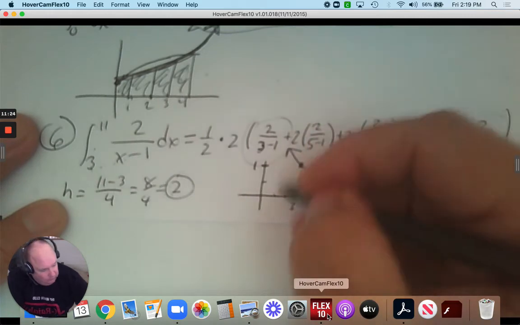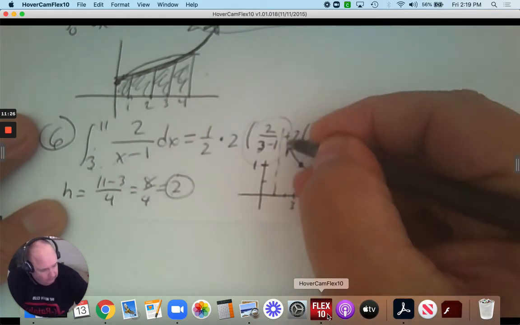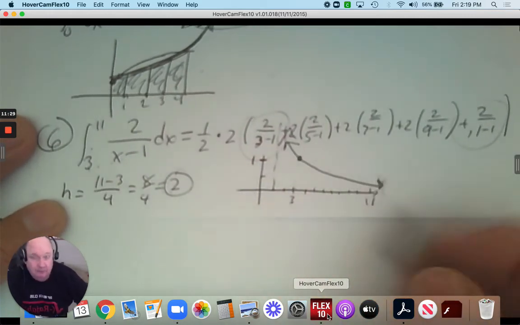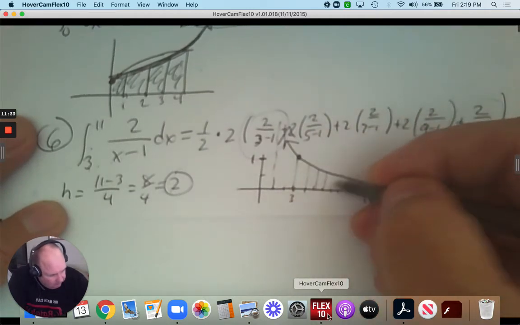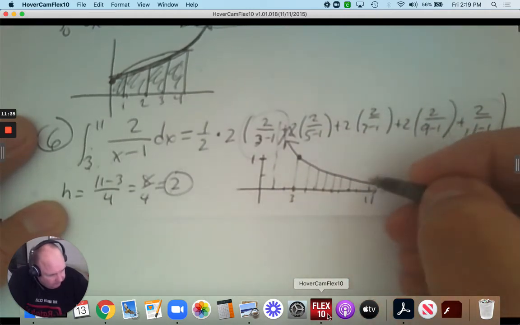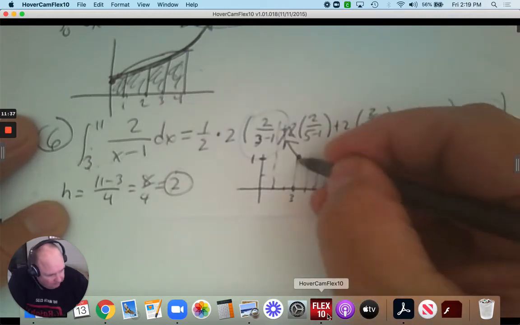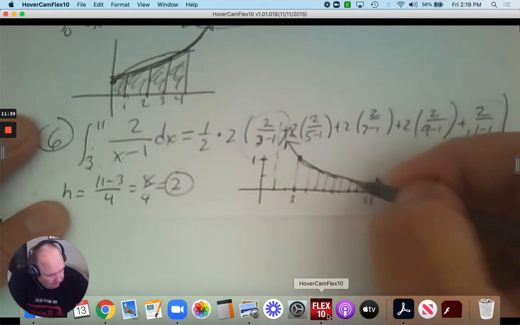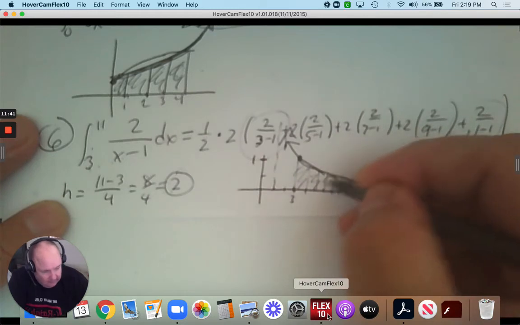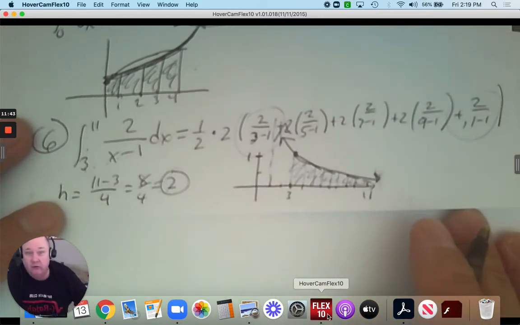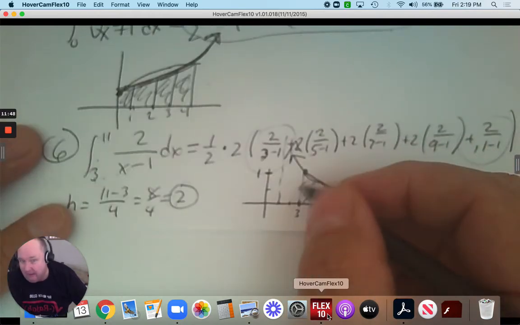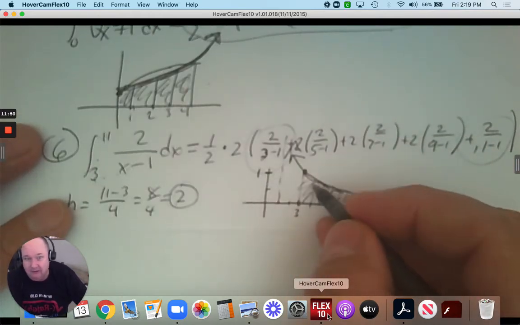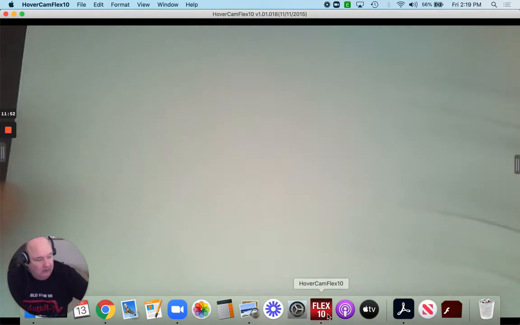There's an asymptote at 1, just so you know, so that it would go up forever from there. But from 3 to 11, you can see the trapezoids that are created. It's the most accurate way to estimate an integration. A rectangle always has more of an over or under estimate than a trapezoid, which is usually pretty tight to the curve. All right, number 7.